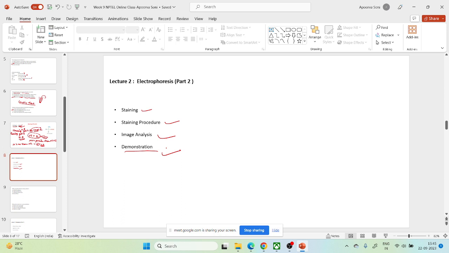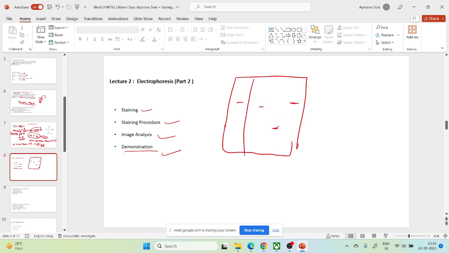The basics is that you have to analyze the lanes. What are your lanes? If this is your gel, these are your bands. You have to analyze your different lanes. And whenever you are doing SDS electrophoresis, there is a lot of standardization that has to be done.